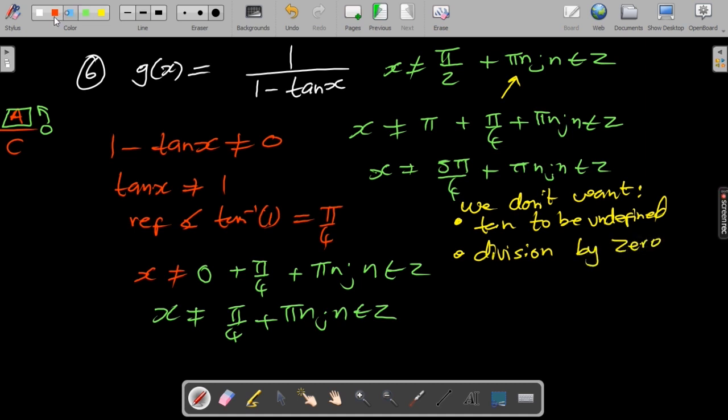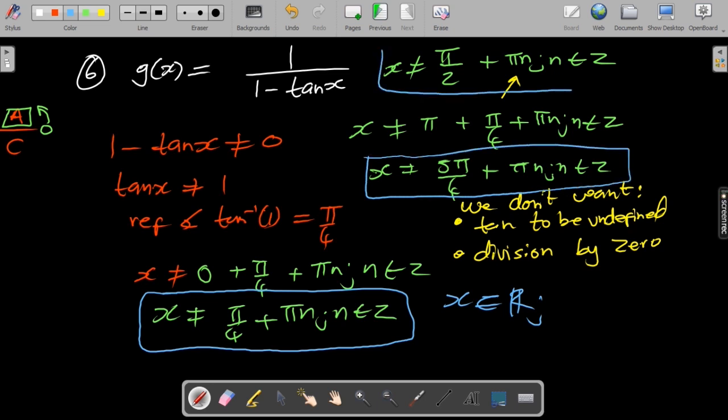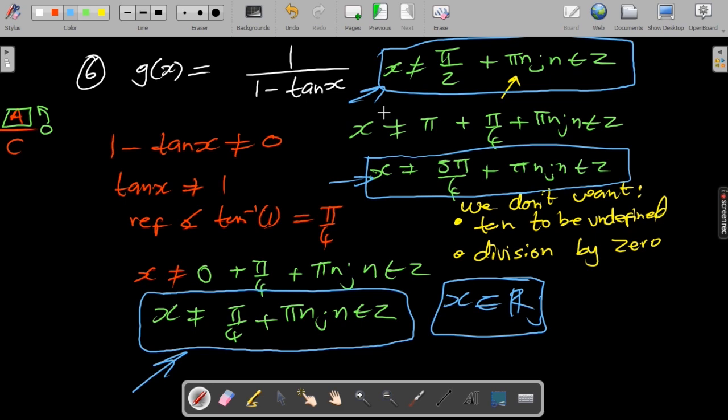So x can be anything in the world as long as x is not any of these. So the domain would be x can be anything in the world, but it should not be any of these. That is how you'd give your answer.